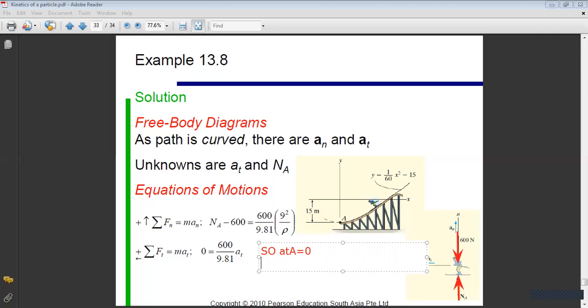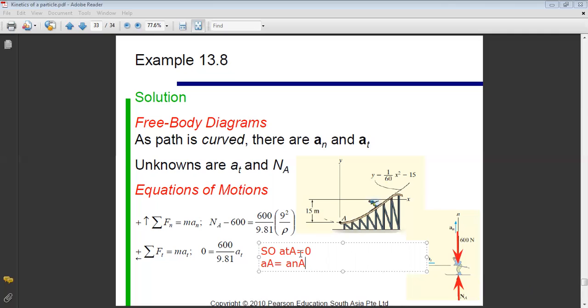The acceleration of A, in general, is a vector divided into two components, a_T and a_N. But because a_T of A is 0, the acceleration of A is restricted to the normal component a_N.